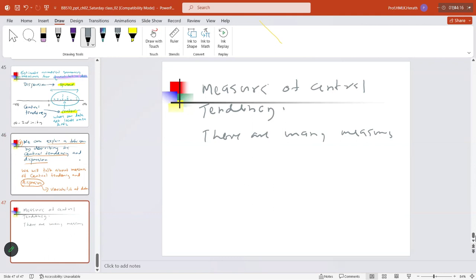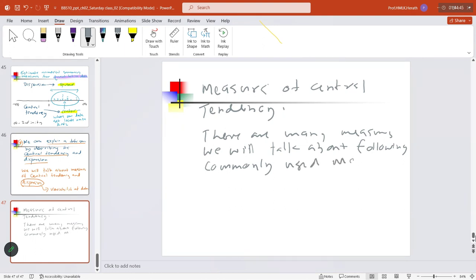We will talk about the following key measures, commonly used measures of central tendency.